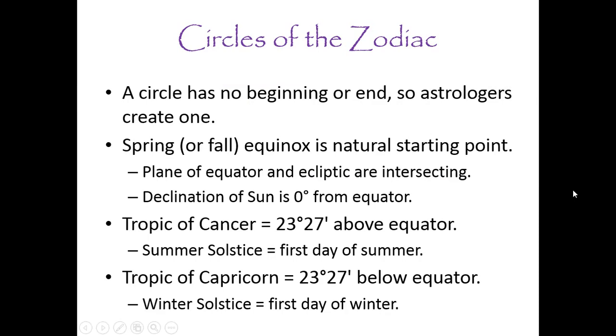The declination of the sun is 0 degrees from the equator. The sun is on the equator. I will give you a definition for declination in just a moment. And so we've created this starting point of the circle at 0 degrees Aries. Over eons of time, that's become the first sign of the zodiac.